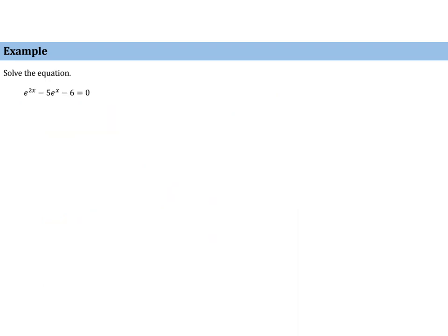So here we have a different type of equation. If we're to solve this, it almost feels like a polynomial. Remember that a to the m raised to the n is a to the mn. You might be wondering why I'm doing that. Well, if we have exponents that are multiplied, we can rewrite it like this. So 2x, those are multiplied, we can rewrite as e to the x, squared, minus 5 e to the x minus 6 equals 0.